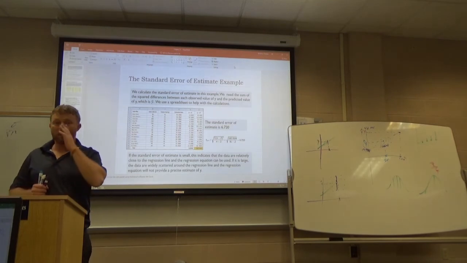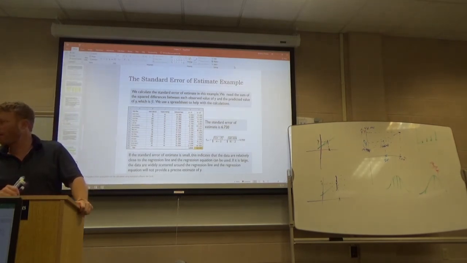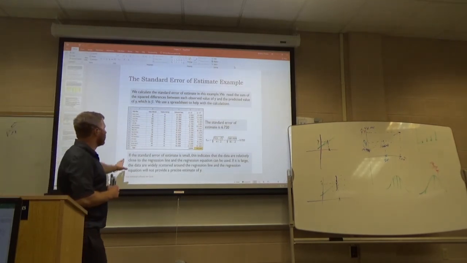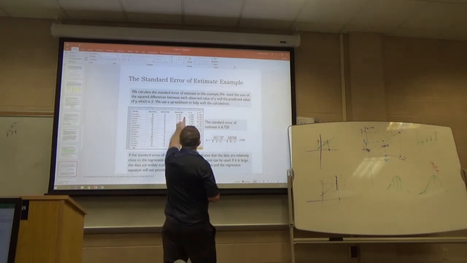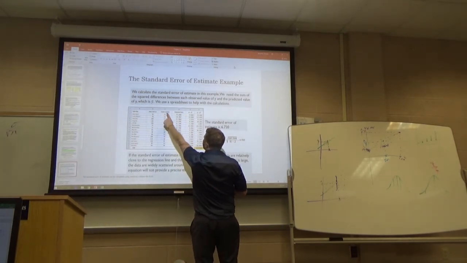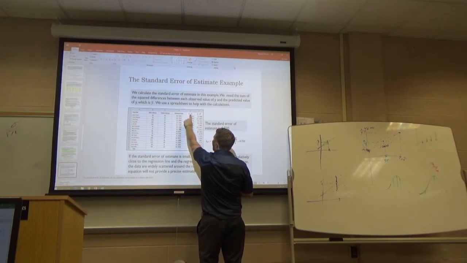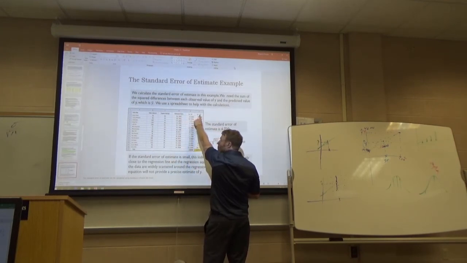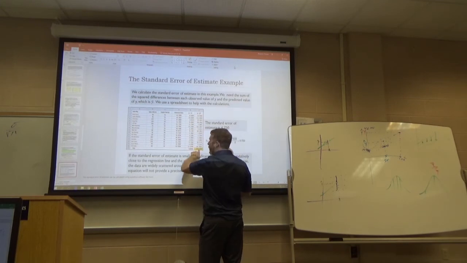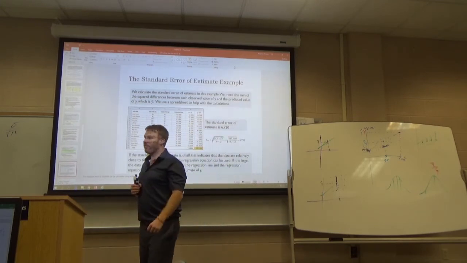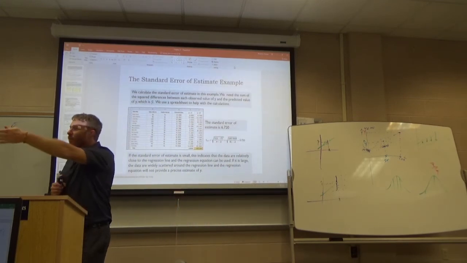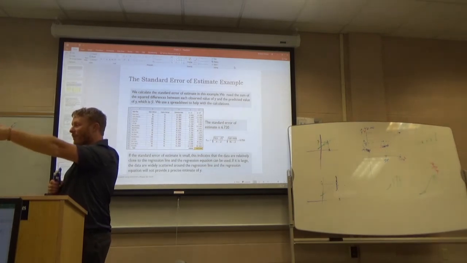Does that formula ring a bell to anybody? And then you build it out on a chart that looks like this: x, x minus x bar, x minus x bar squared, and then you add it all up. Standard deviation, very good. You win a prize. You get to do a point supplement.